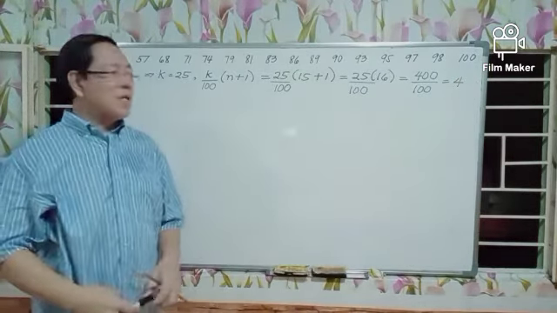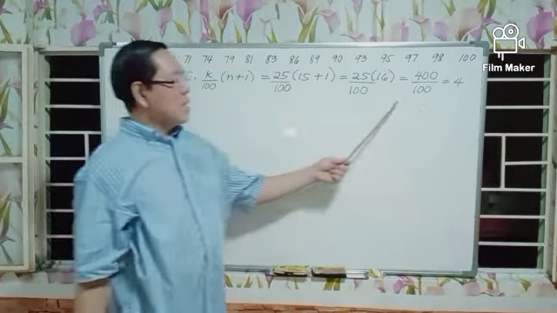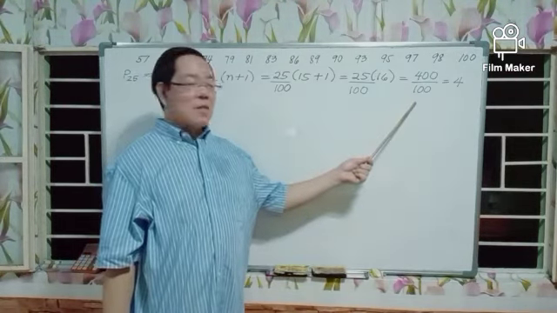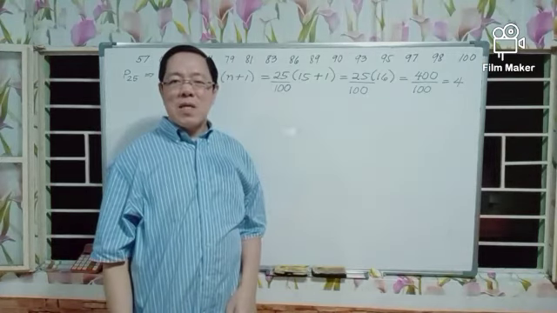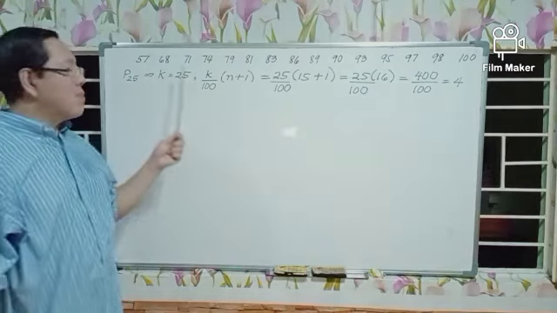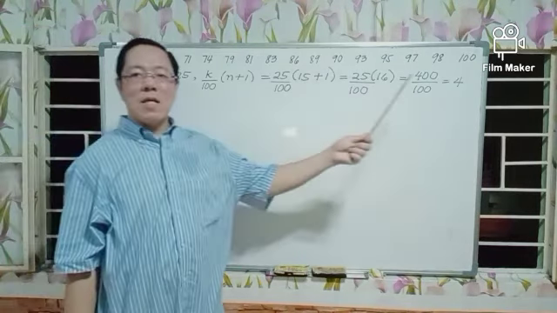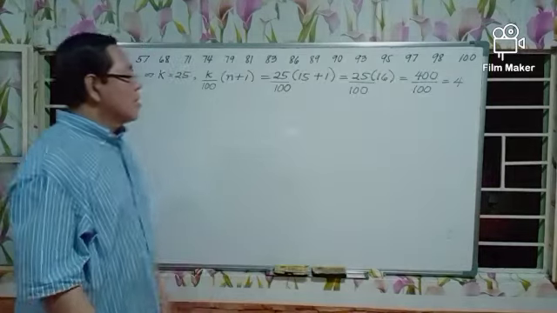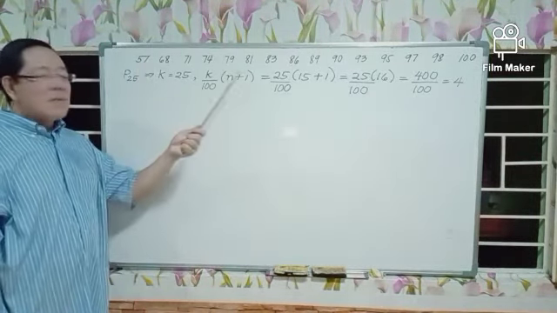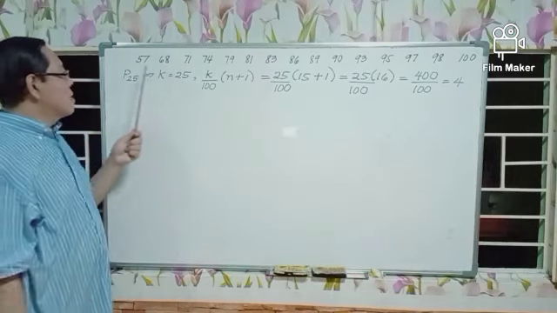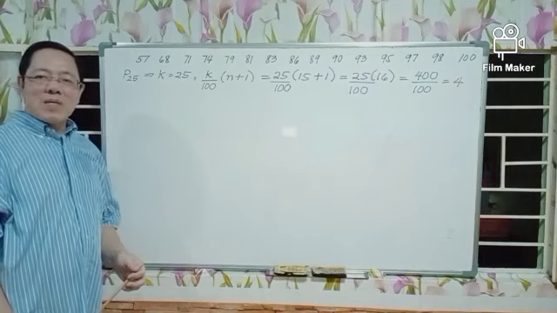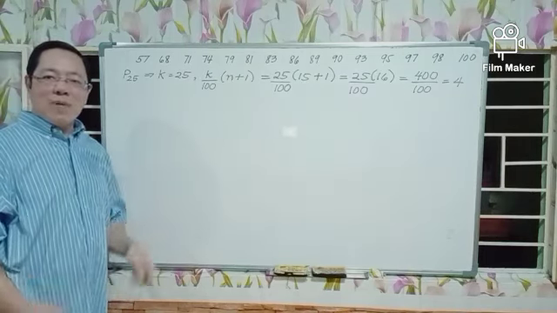And 400 divided by 100 is 4. You notice that the quotient is a whole number. That means that the 25th percentile is the fourth value in this arranged set of values. From the lowest value, we count 1, 2, 3, 4. And the 25th percentile is equal to 74.